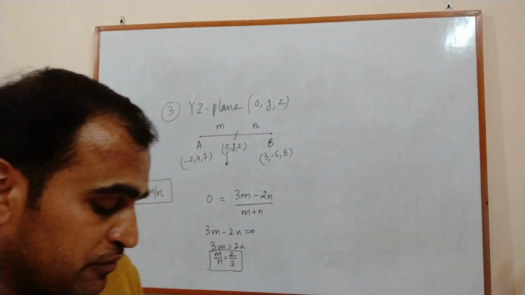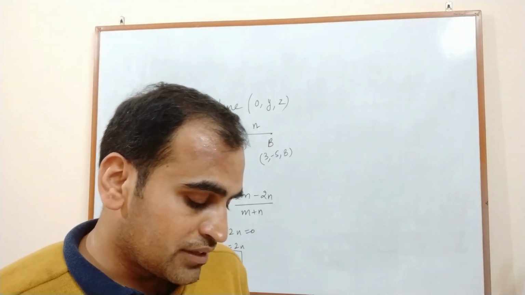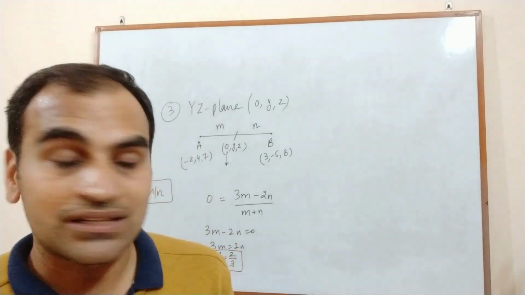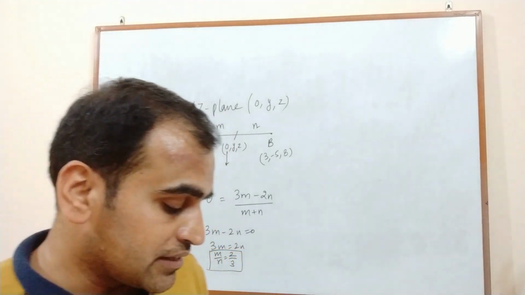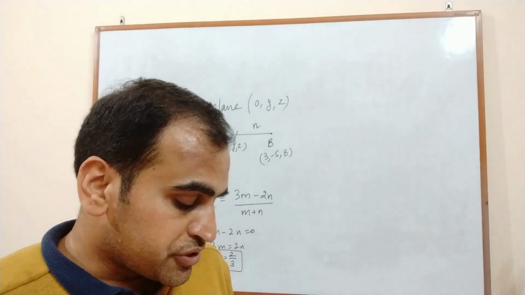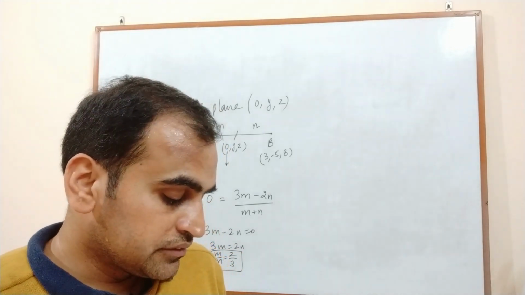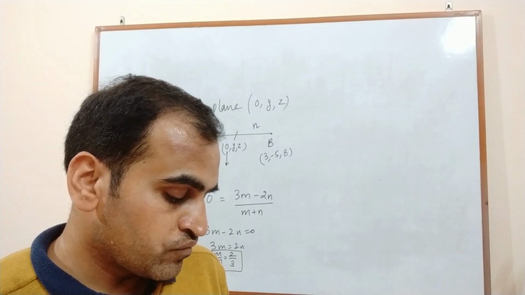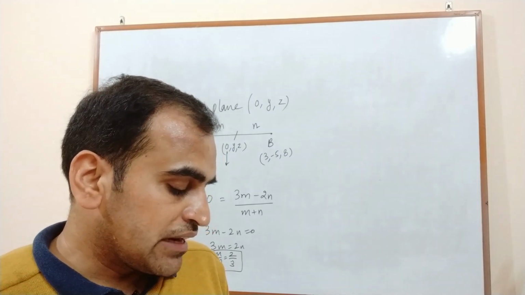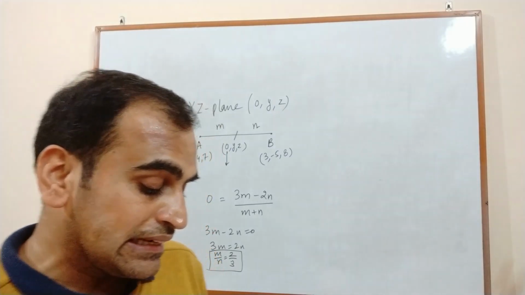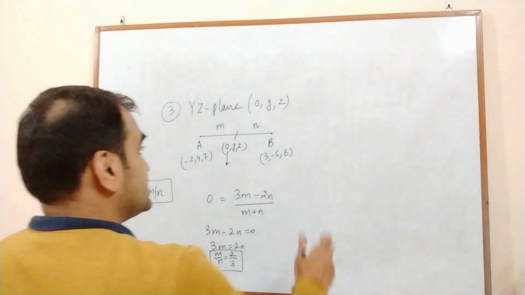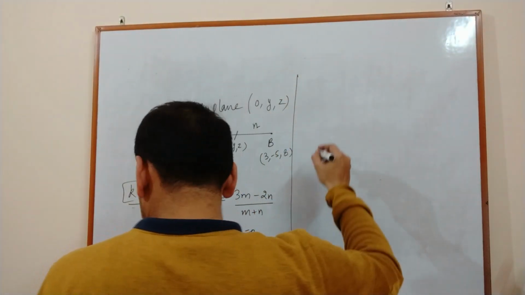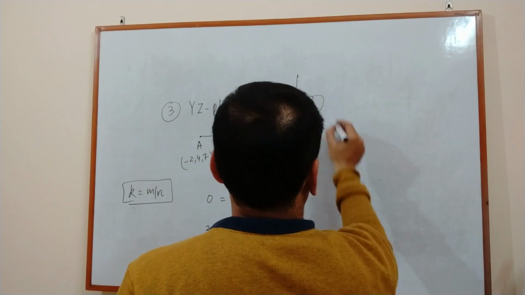Next, in question number 4, using the section formula, show that the points are collinear. So the same way as we did in question number 2. Fifth is find the coordinates of the points which trisect. Okay, so now we have to check the trisection. Question number 5.